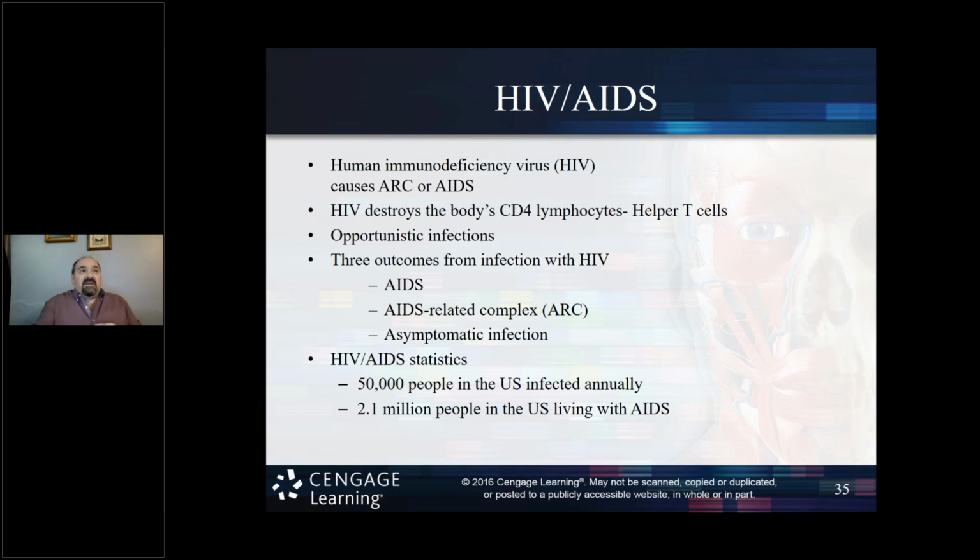Opportunistic infections are infections that your body normally could handle with the natural immune response, but your immune response has been suppressed, and as a result, these infections can make you very sick and can actually lead to death for these patients. Okay, so you'll see here three outcomes from the infection: AIDS, AIDS-related complex, and asymptomatic infection.